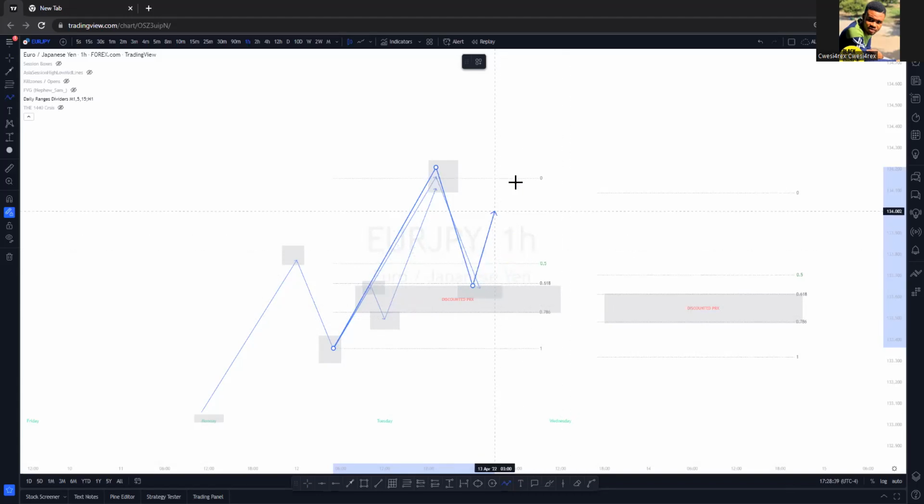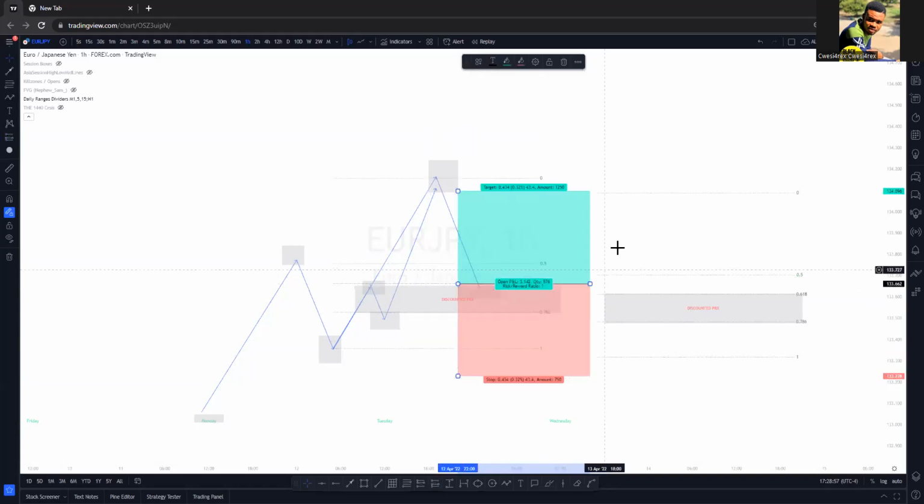So they place their limit order over there without knowing the exact place that price will be reacting to or giving us the reversal.